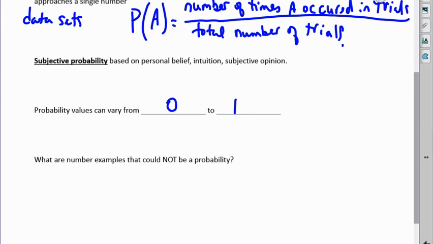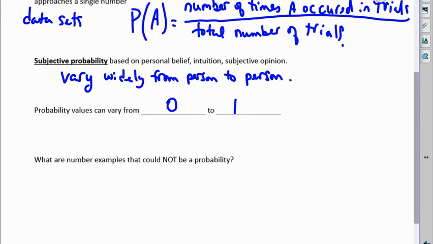Somebody else might say, well, I don't think the sun's going to rise tomorrow, I put that probability at 0.9. And they wouldn't be wrong, but, well, let's hope they're wrong. Subjective is based on your personal belief, and it can vary widely from person to person. Some people might be right with their value, and some people might be wrong.